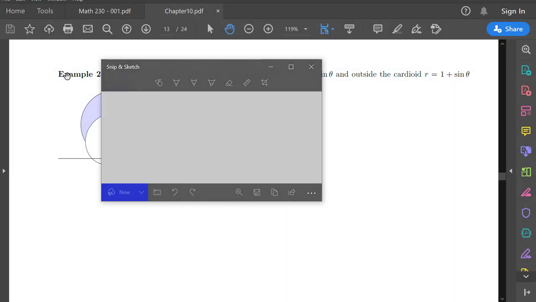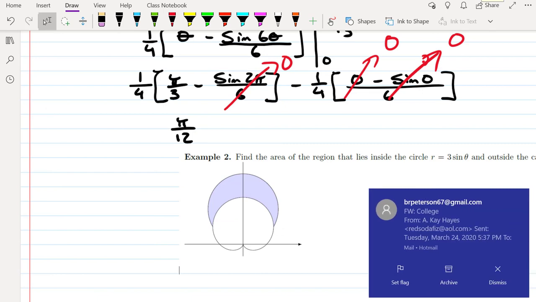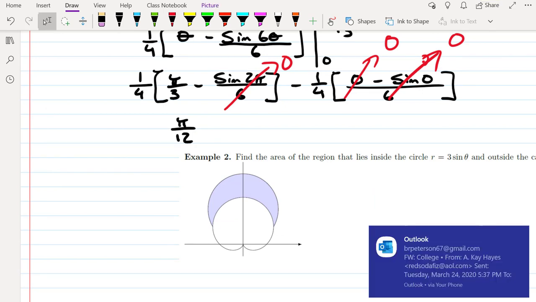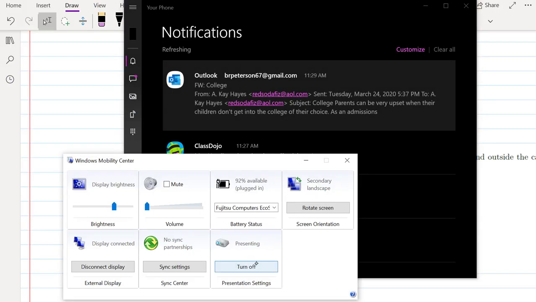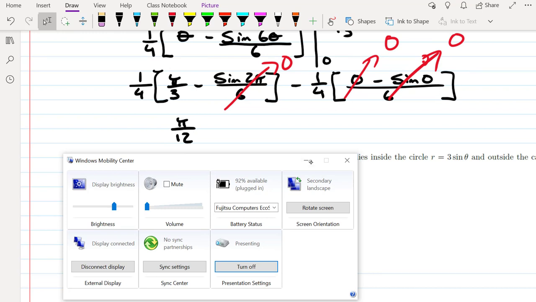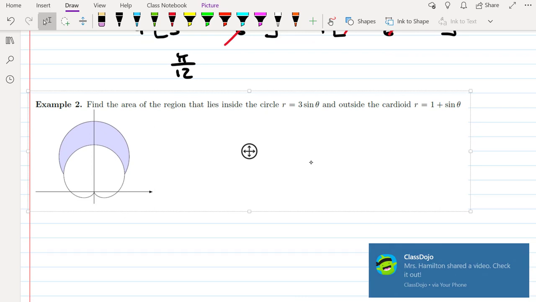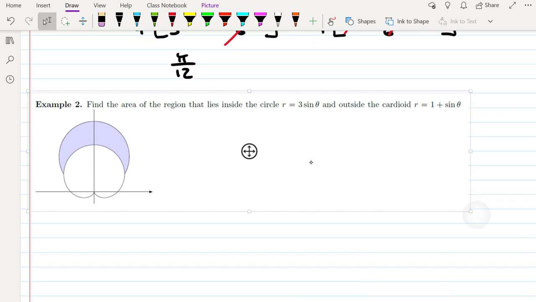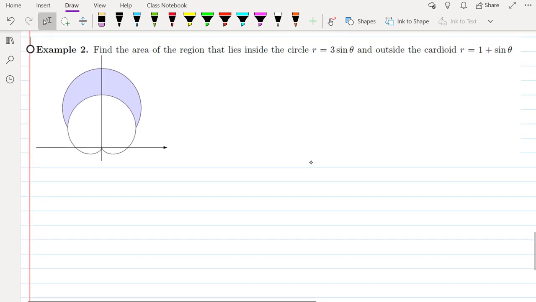So example number 2 says find the area of the region that lies inside the circle r equals 3 sine theta and outside the cardioid r equals 1 plus sine theta.